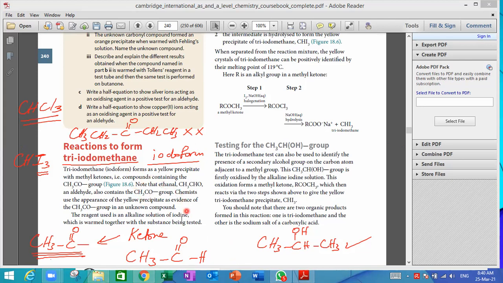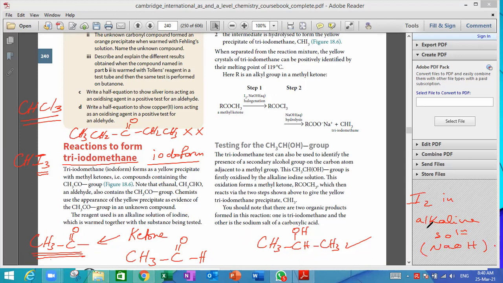Now, in this reaction, as I told you, it's characteristic for a CH3C=O group, whether it is present in a ketone or in ethanol or a secondary alcohol. We use two reagents here. We use iodine in alkaline solution, or we can say sodium hydroxide.